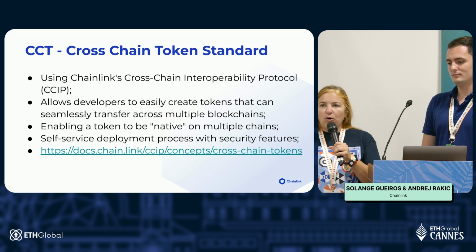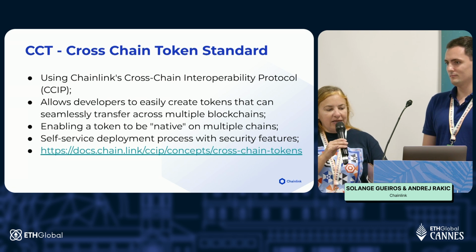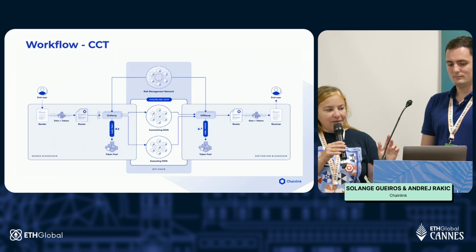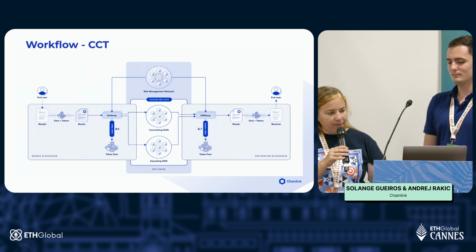So it's a bit more than an ERC20 token, you should have some extra capabilities to do that. And we have the security here and all the capabilities over there. In the same way that we have the workflow of the CCT tokens, we normally have a pool in each of these chains, and in this pool, you can have the tokens that you are using in one chain and sending or receiving from the other chain.